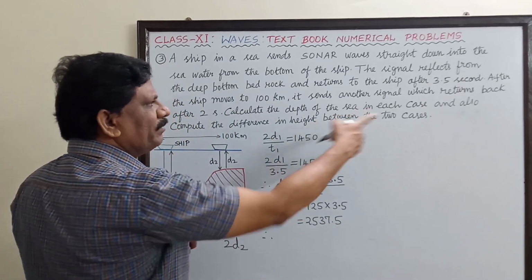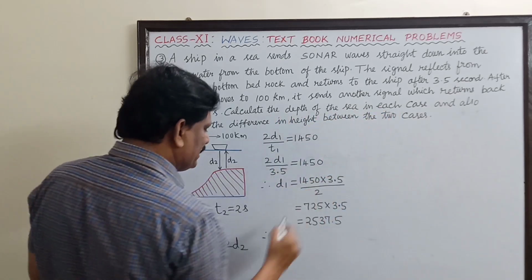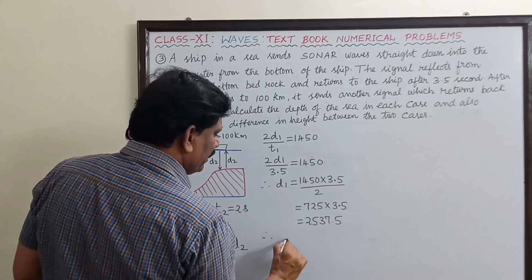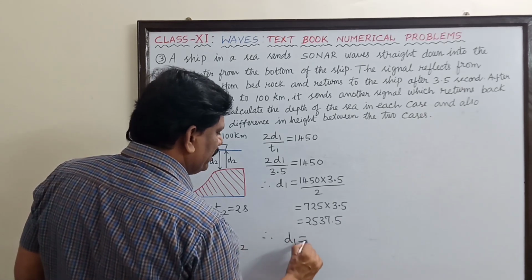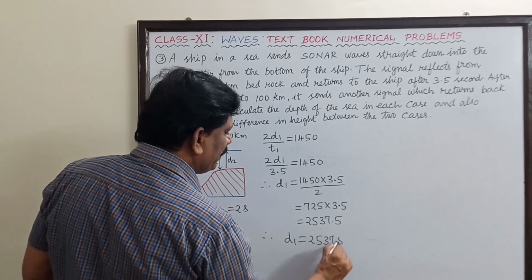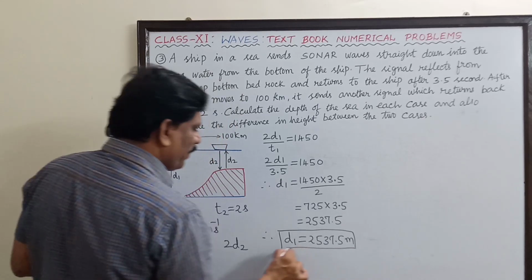We have to find the depth in each case. At position A, the depth D1 is equal to 2537.5 meters. So this is the first value.